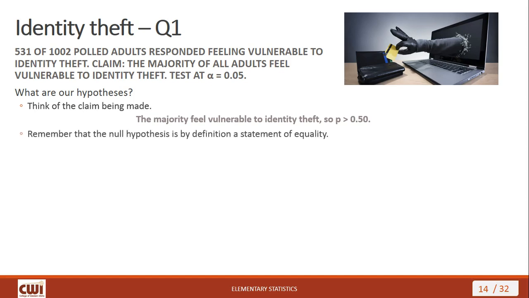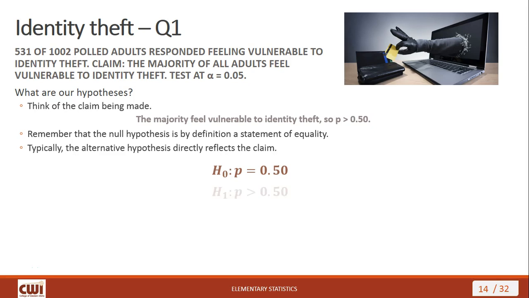Now we can actually make the null hypothesis. Remember, by definition, it is a statement of equality. So for the null hypothesis, P equals 0.50. Next, we're going to make our alternative hypothesis, and in this case, it will directly reflect the claim because we have a one-tailed test.